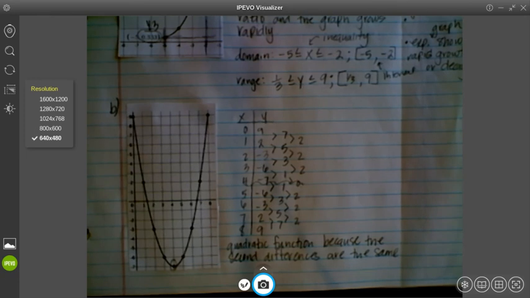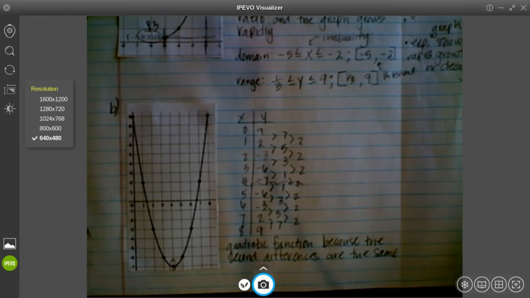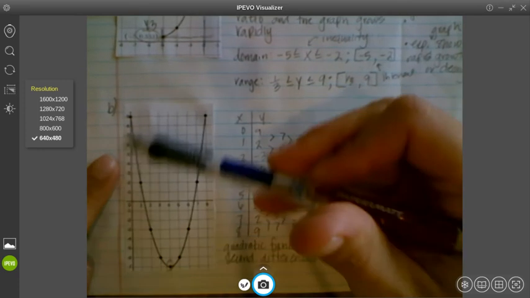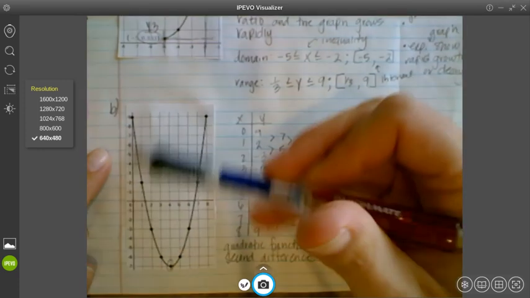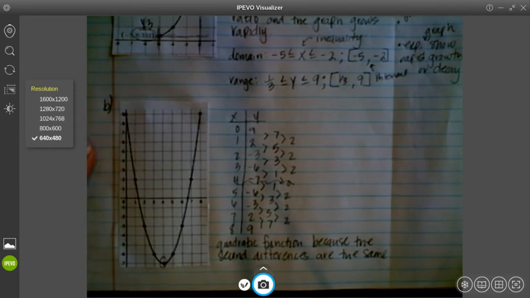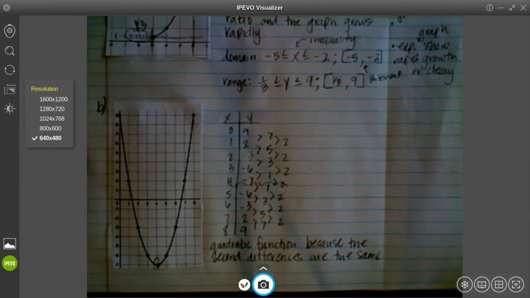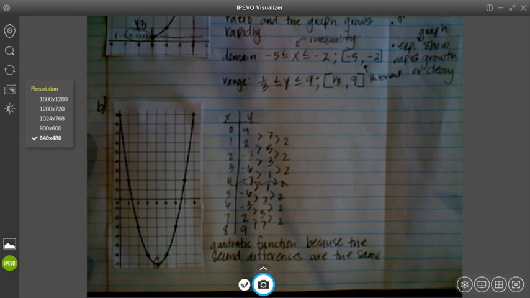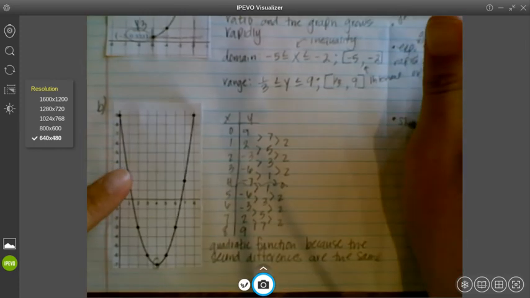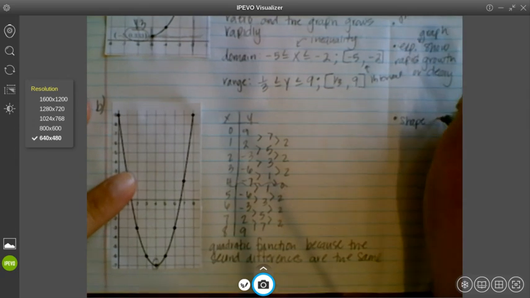Now I know that quadratic functions are new to us, so I want you to take a look at our graph and notice the shape. It's a U type shape. And this shape right here is called a parabola. And anytime you have a quadratic function, the shape of the graph will be a parabola. So we're going to add that into our toolbox.